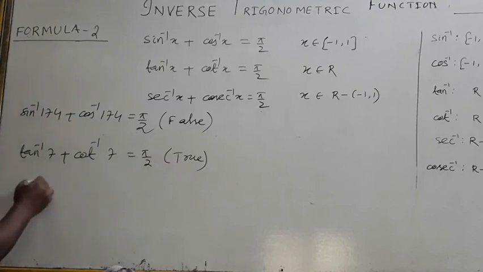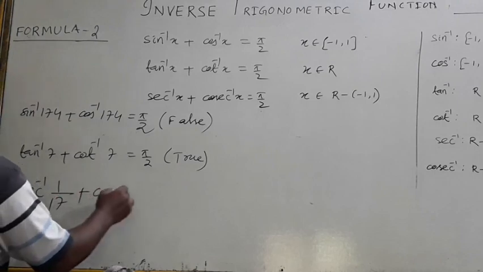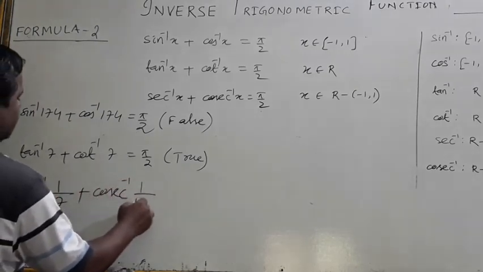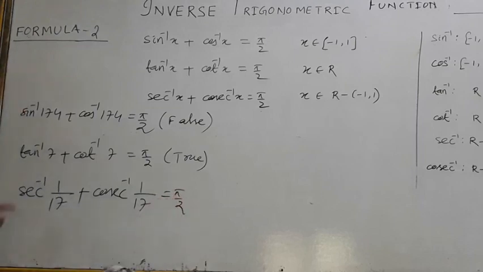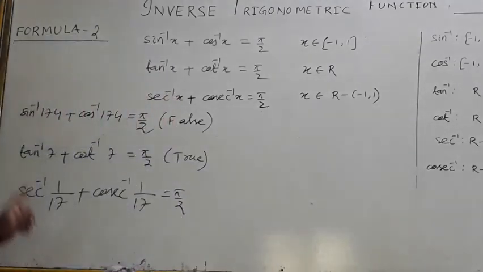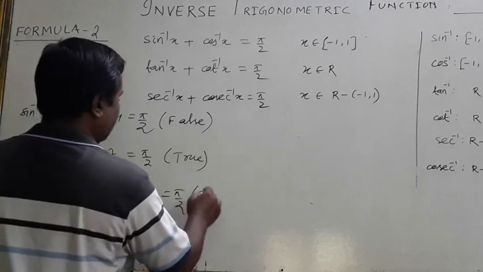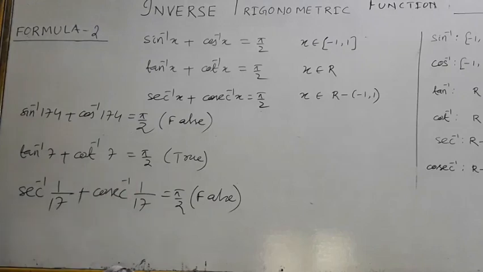If I write sec inverse 1 by 7 plus cosec inverse 1 by 17 is equal to pi by 2, then it is wrong, as this does not lie between minus 1 to 1 open bracket. It is false.